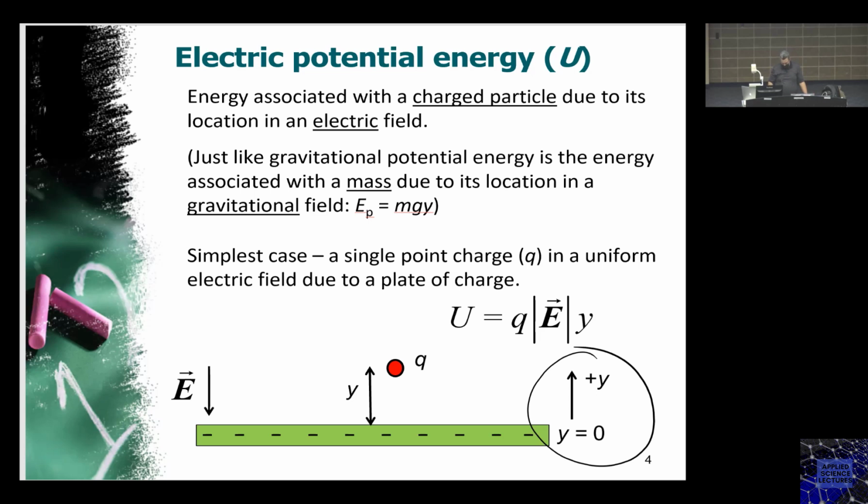So if you release this electron, for example, on top of a positively charged plate, then this electron is going to move away from the plate toward decreasing its electric potential energy, which means that the electric potential energy at this point is greater than the electric potential energy at that point, B. So always keep this in mind. And you'll see this when you calculate the difference, the delta in the electric potential energy.